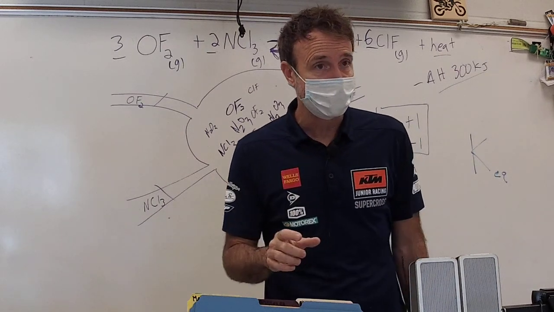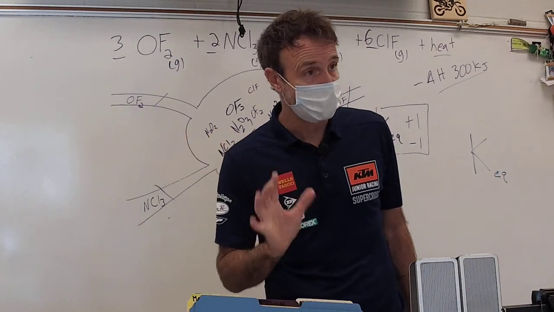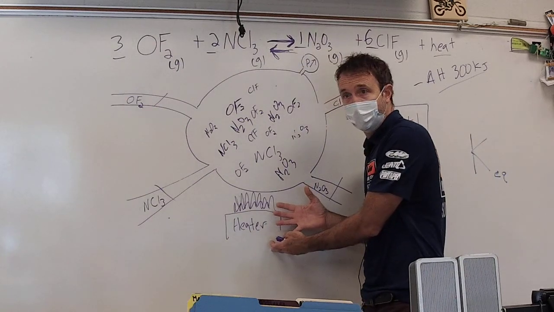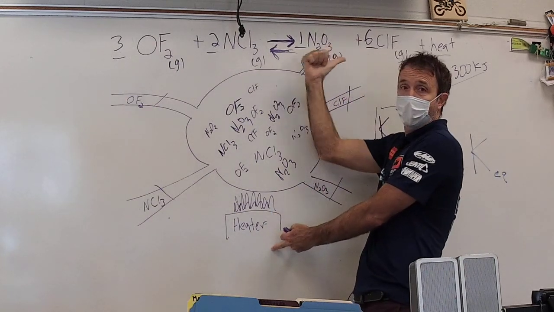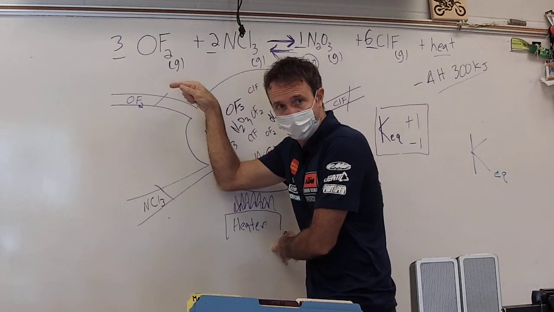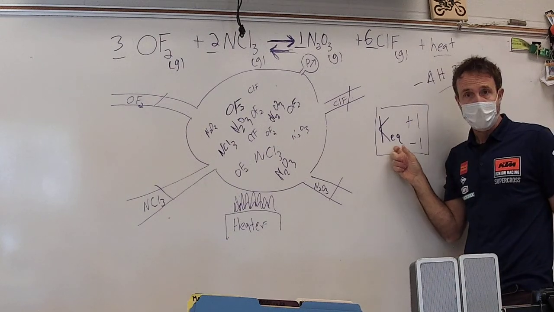Exothermic reactions operate better in cooler conditions. So if you heat up this reaction, this one can't go this way as well. So that would cause a shift to the left. And the K would stay out of whack.